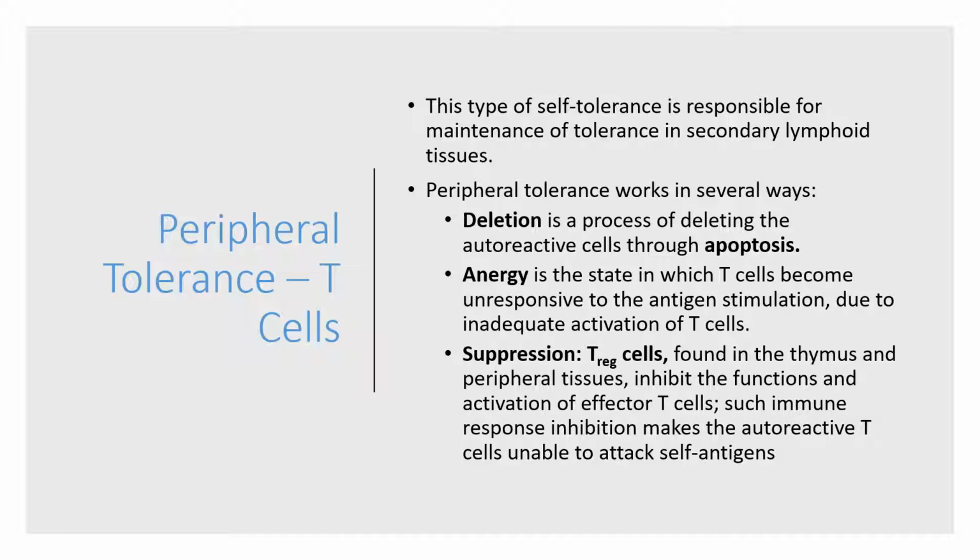We can make the T cell unresponsive to antigenic stimulation through anergy, or we can use the T regulatory cells, which can inhibit the function of the T cell to do what it was supposed to do in the first place, but we've mitigated it through that control mechanism.